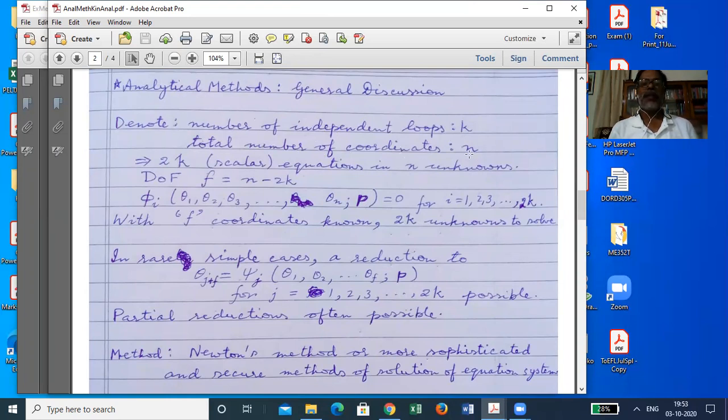Suppose that is n, and that means you write one loop closure equation for every loop, with k loops that will be k loop closure equations. Break them down into scalar components. So you get 2k scalar equations in these n coordinates, basically, not necessarily n unknowns, n variables. Okay, n coordinates or n variables. And degree of freedom is n minus 2k.